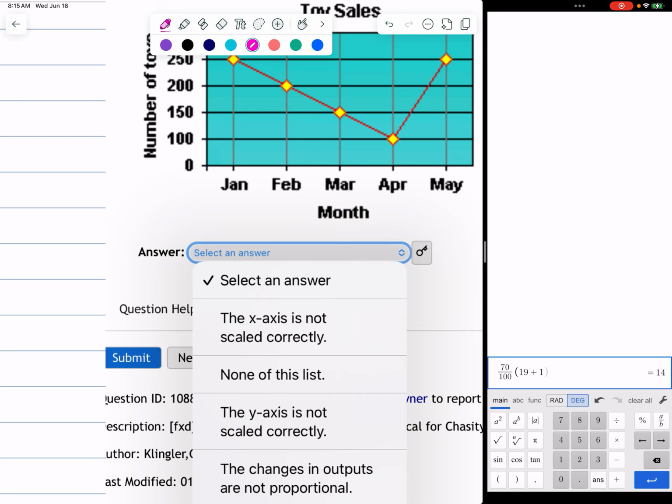So my first possibility says the x-axis is not scaled correctly. Meaning, when they talk about it being scaled correctly, they mean maybe we jump 2 months in one spot and only 1 month in other spots. So let's go see if they change anything up on us. You start at January, February, March, April, May. Nope, everything looks good.